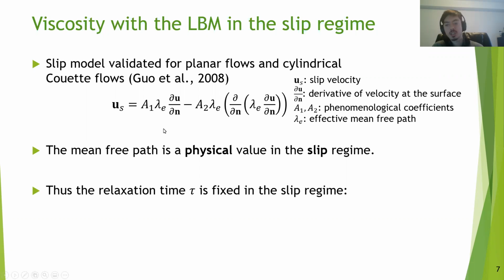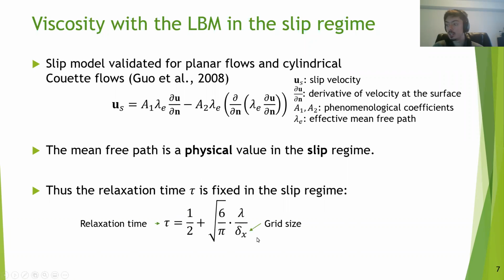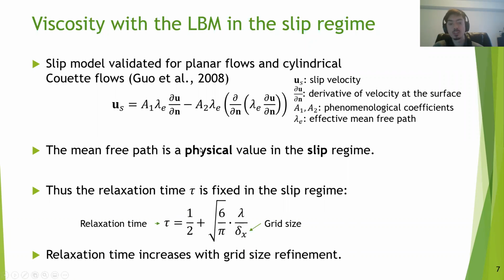Thus, the relaxation time tau is fixed in the slip regime in the following manner, where tau depends on the mean free path, and it also depends on the grid size, delta x. So we see that relaxation time increases with grid size refinement in the rarefied regime scheme.